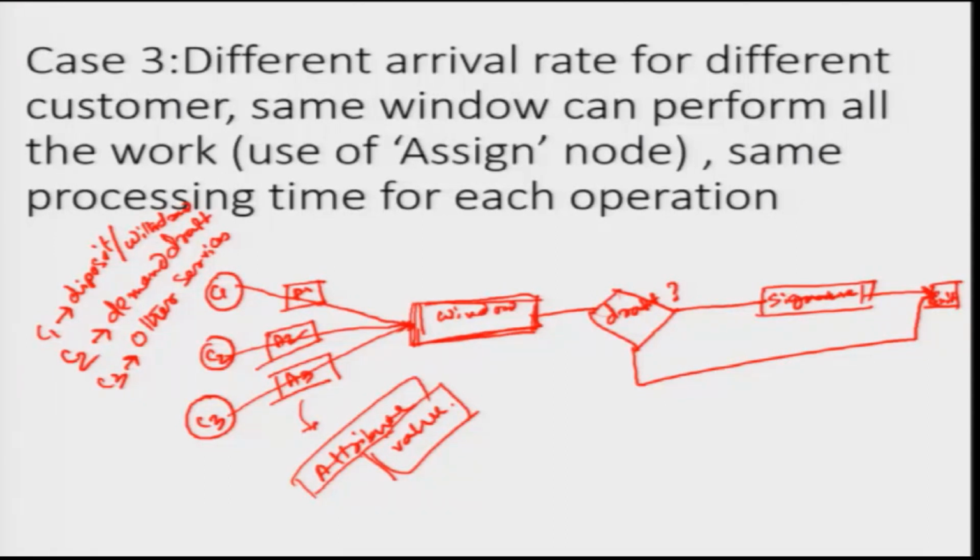What will be added is, in the assign node, another extra attribute that will specifically identify the process and assign the processing time to the particular entity. When the entity reaches the process window, the window will take the processing time assigned to that particular customer.